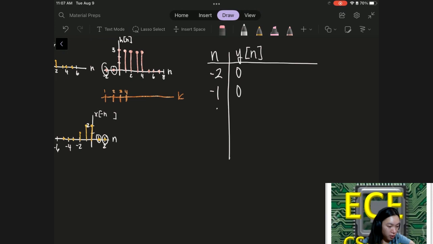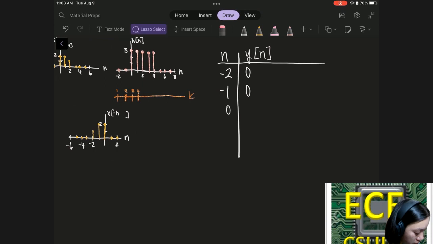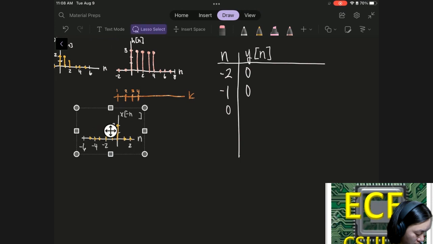So at n equals 0, though, that's different. At 0, you have something different.